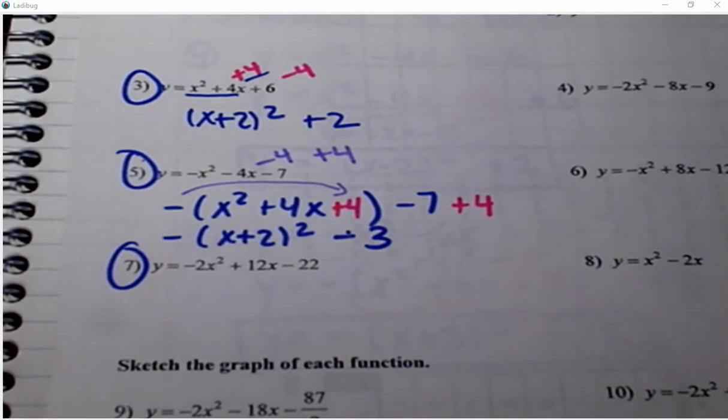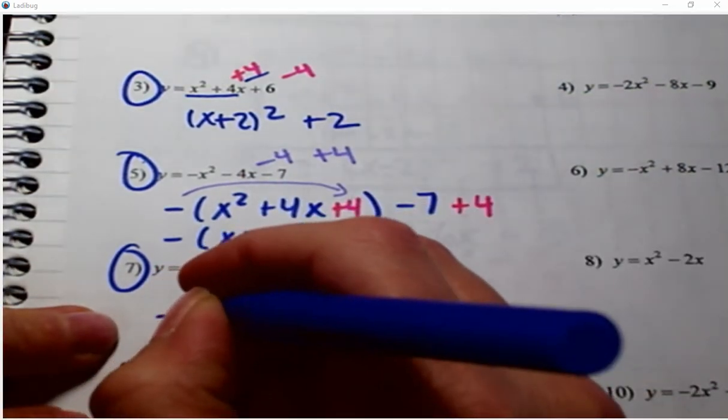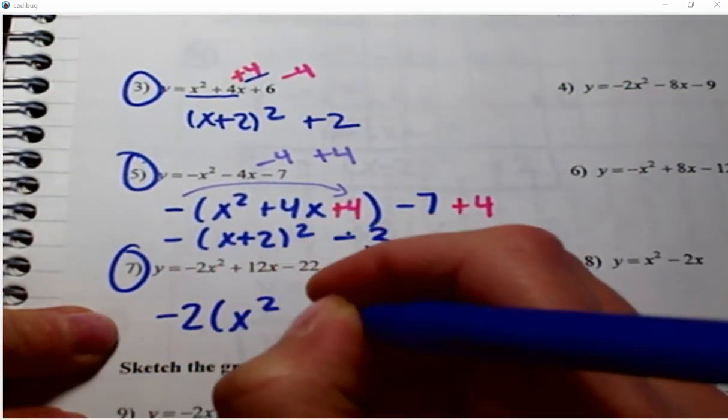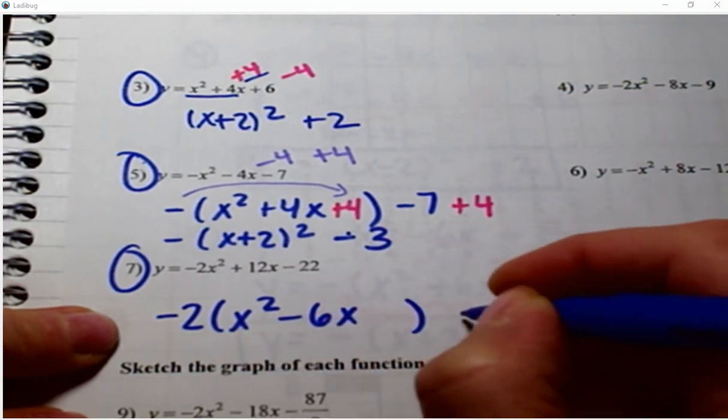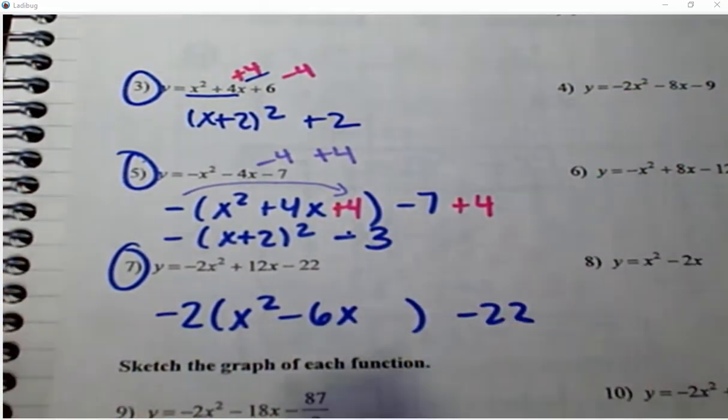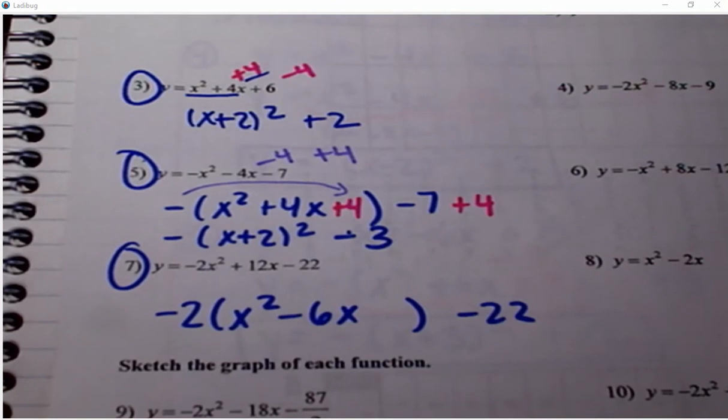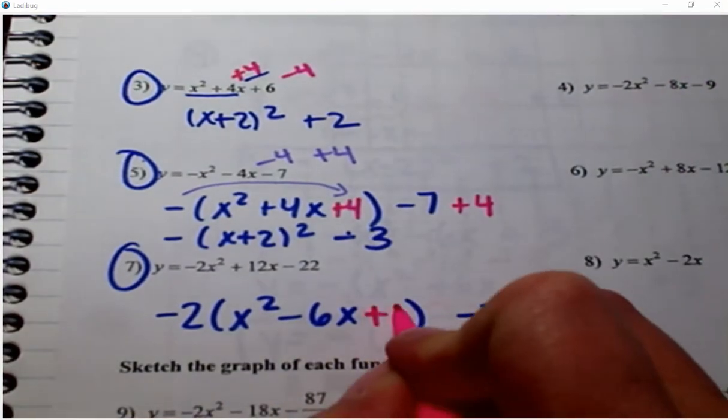Oh, now I got a negative 2. Okay, so negative 2. I've got to set it up. Watch your changing signs. And half it, square it, half it, square it.